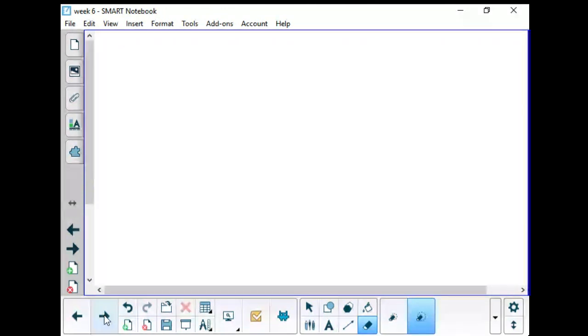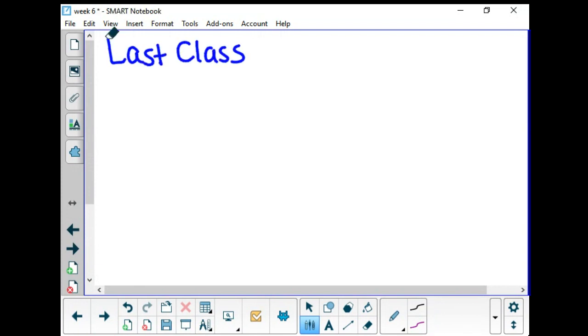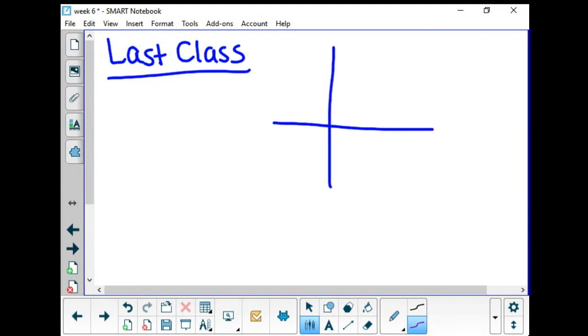So last class, we talked about an application of integration, which was an area application. So for example, let's say I had two functions. I had a horizontal line, like y equals 9, and I had a parabola, y equals x squared.